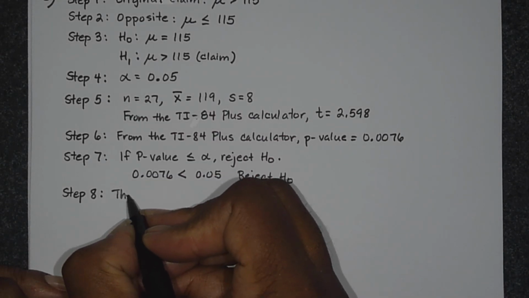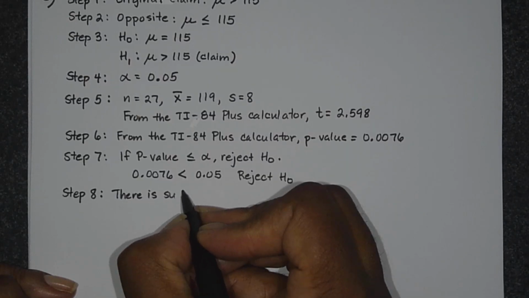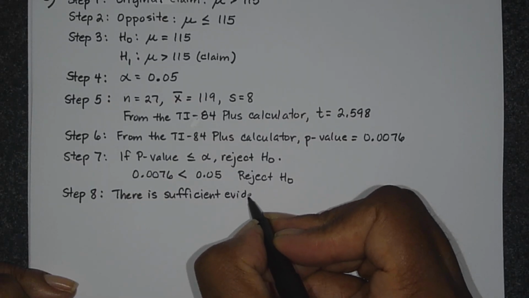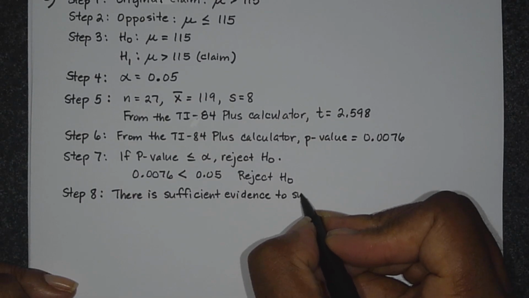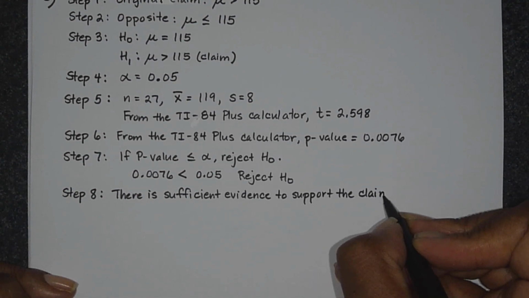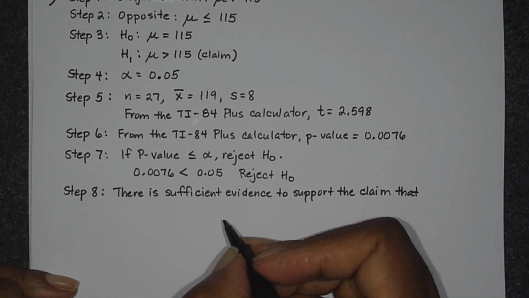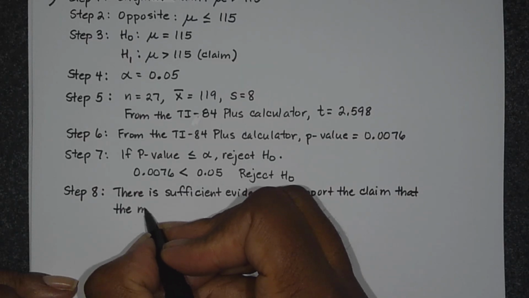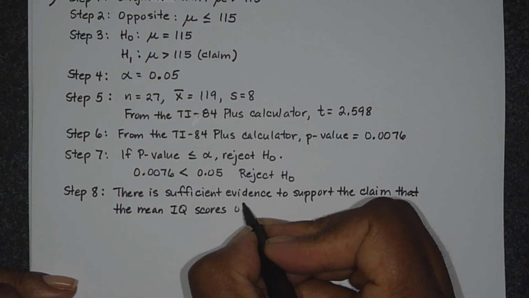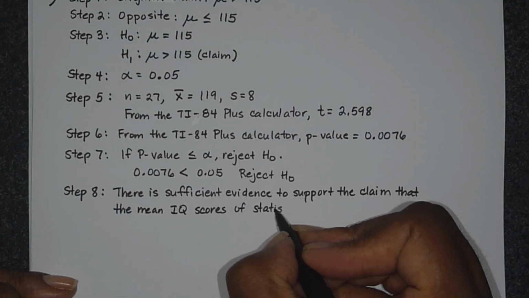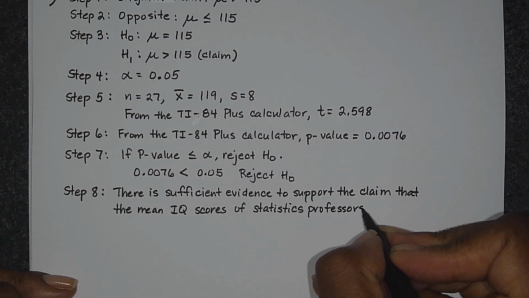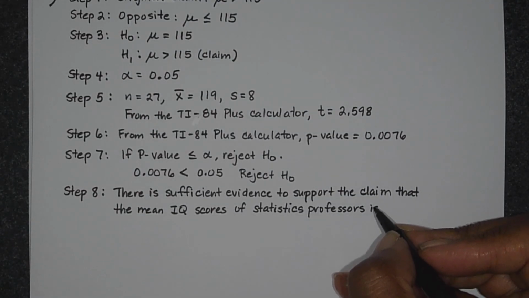So we can say here that there is sufficient evidence to support the claim that the mean IQ score of statistics professors is greater than 115.